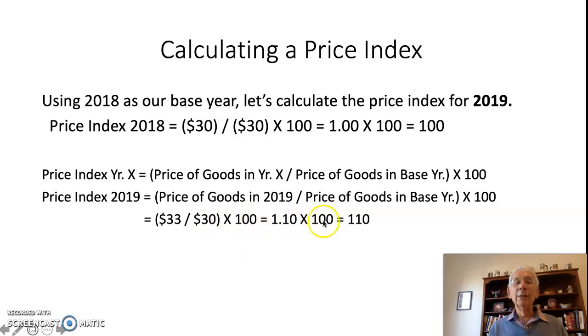So what we see is the price index in 2019 is 110. So 2019 prices are 110% of 2018 prices.